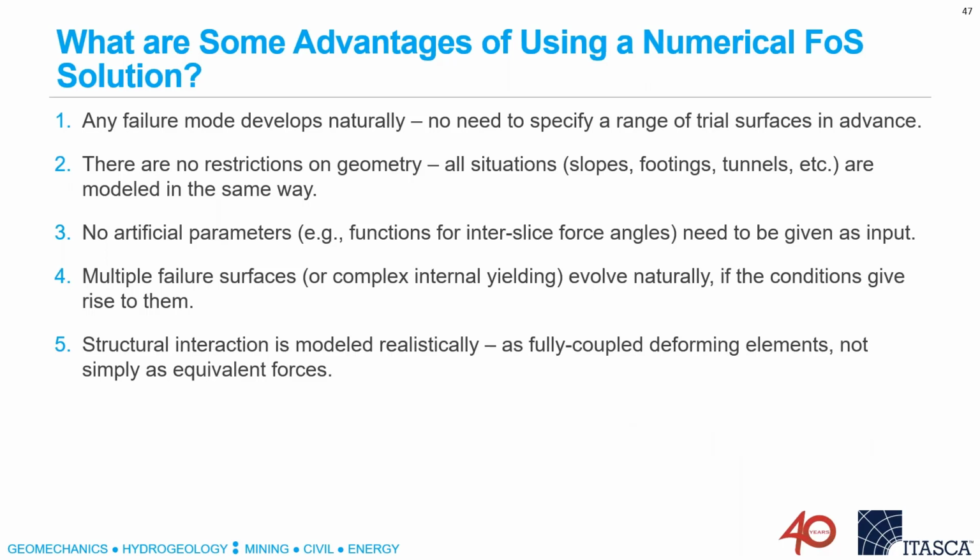So just to summarize some of the advantages of using the numerical methods to calculate safety factor or shear strength reduction factor. First of all, any of the failure modes develop naturally. We don't need to specify a range of trial surfaces in advance. And in fact, some of the limit equilibrium methods will inhibit failures.